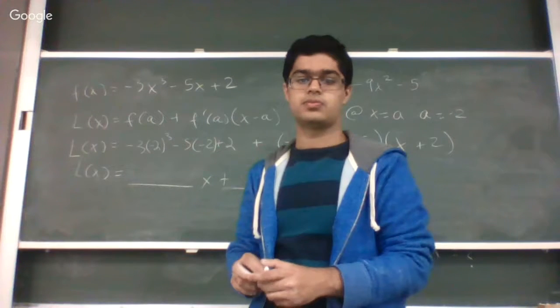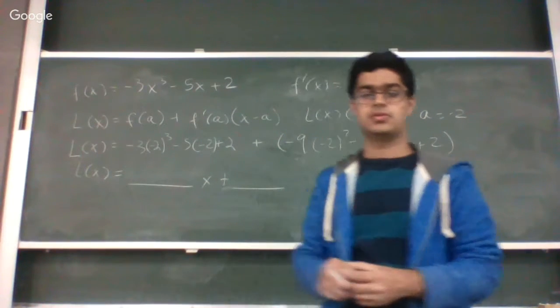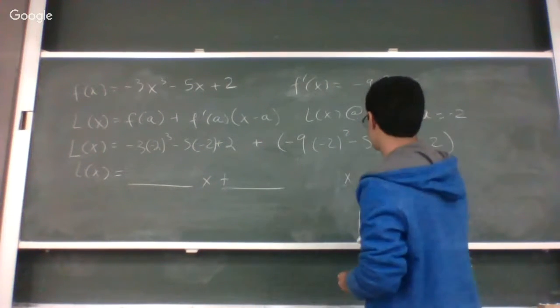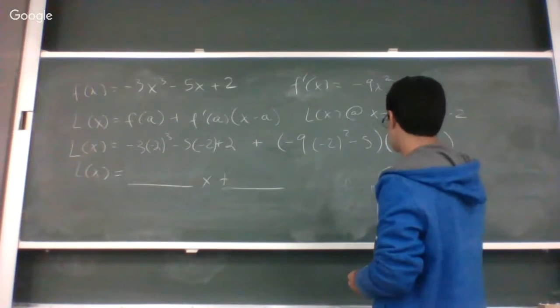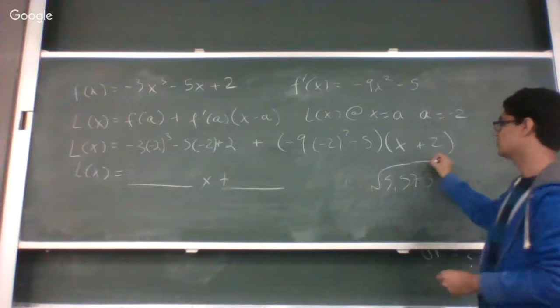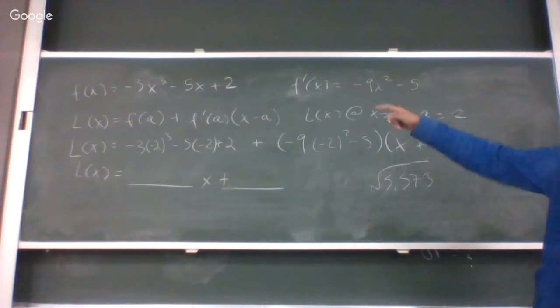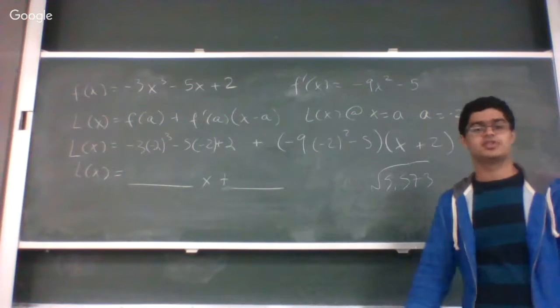Into the linearization, what would the question be exactly? So it could say approximate a weird value, like the square root of 5.573 or something. You can't easily do that in the original problem, but if you do it in linearization, it's easier.